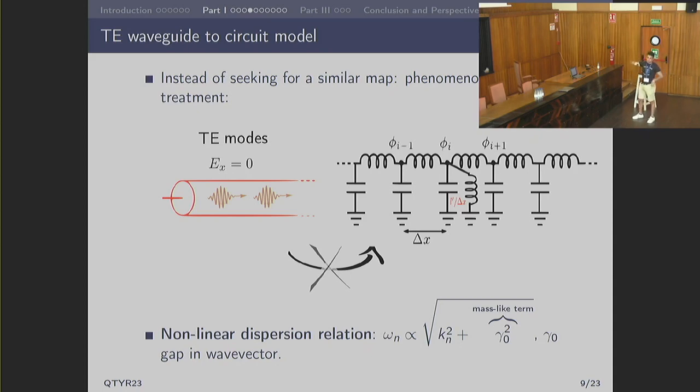But instead of seeking a rigorous map from this electromagnetic model to a circuit model, we chose instead to manufacture a circuit inspired by the previous one by adding a supplementary inductance, which leads to this nonlinear dispersion relation with an additional mass-like term, which I call gamma, which is a gap in the wave vector.